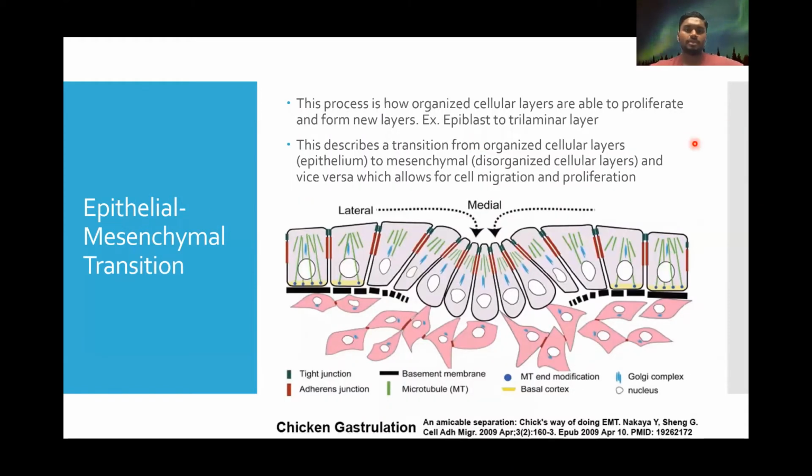So I think the real question is how is it that a group of cells, like the epiblast layer, how is it that this very organized group of cells is able to spontaneously create new cells that aren't organized? Well, this is a big concern because this is analogous almost to anchorage dependence proliferation.